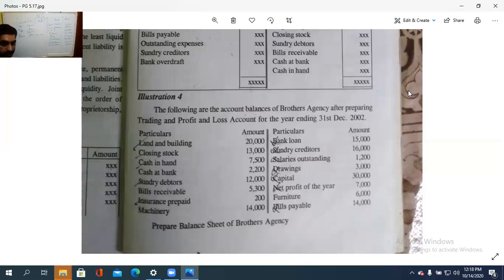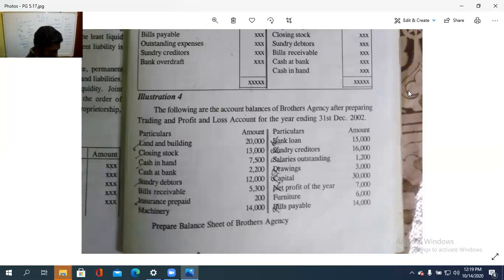Then what is there as bank loan? Bank loan, it is 15,000. Sundry creditors, it is 16,000. Then salaries outstanding, 1,200. Then drawings already taken. Capital, net profit, bills payable is there, 14,000.